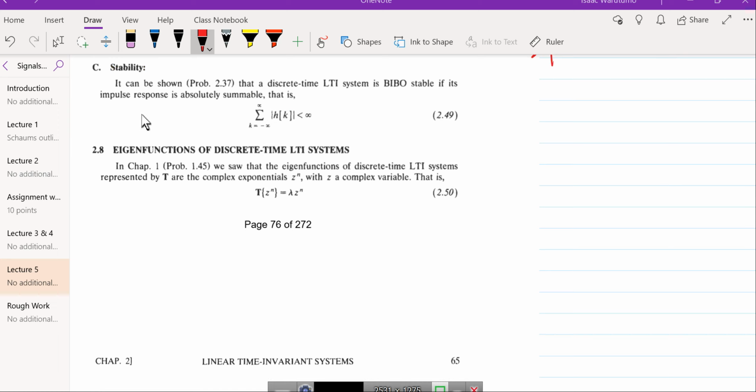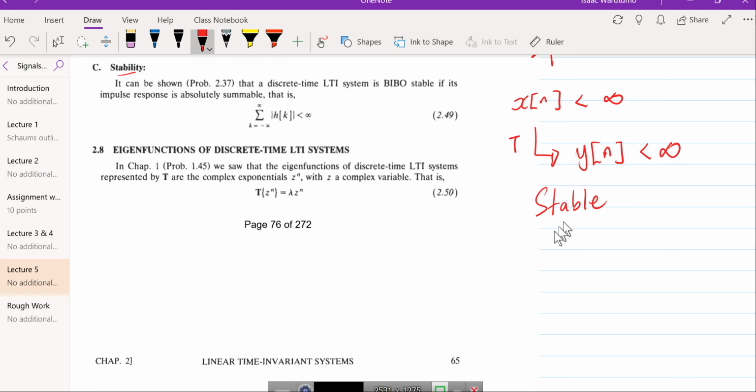The other property that we are going to discuss in regard to the discrete time LTI system is that of stability. The concept of stability says that if you have a bounded input x of n, which is less than infinity, and it gives you a bounded output y of n, which is also less than infinity, we say that this system described by T or h is stable.